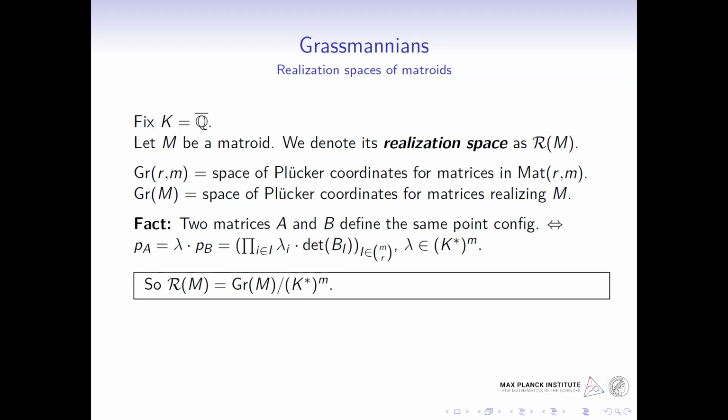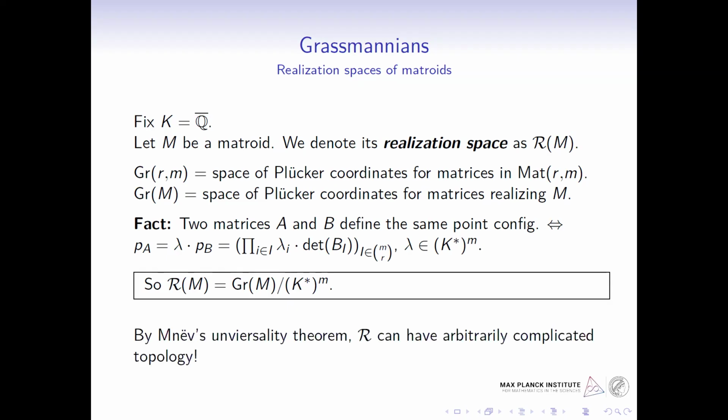So in terms of Plücker coordinates, this means that every minor is multiplied by the corresponding product of non-zero scalars lambda that live in the torus. So our realization space is actually the Grassmannian modulo this torus action, this action of scaling the columns. And by Mnëv's universality theorem, this realization space can have arbitrarily complicated topology. Later in the talk, we'll see that we can compute some of these realization spaces for at least small matroids.